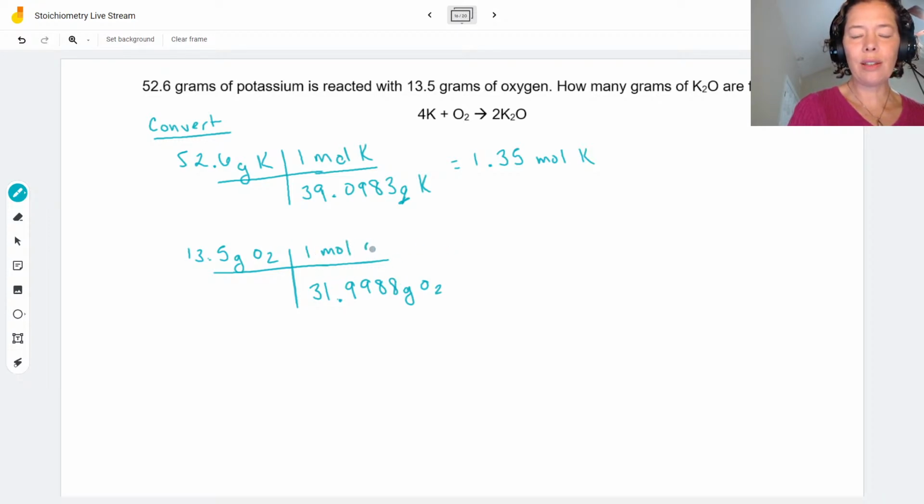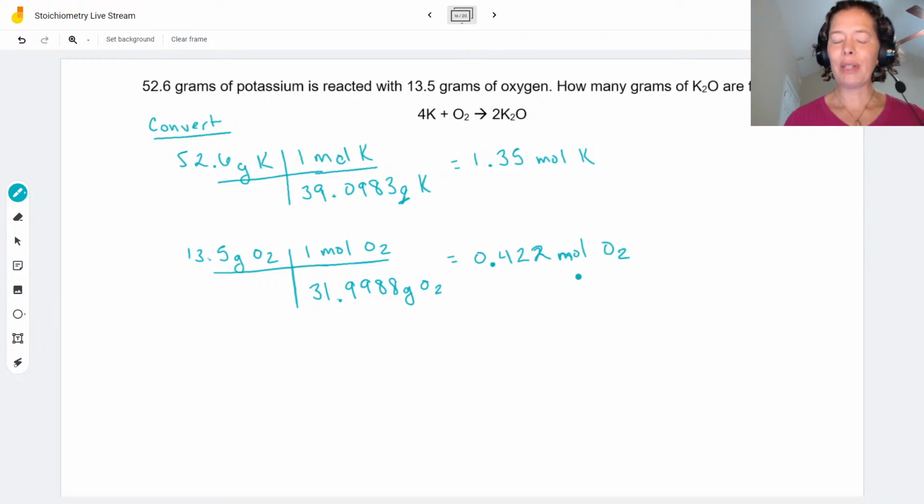Or sorry, that's in the numerator. Okay, so this is going to give us 0.422 moles of oxygen. Okay, so now I have both of my moles.